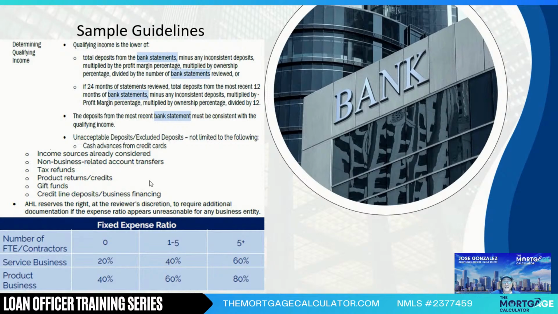Non-business related account transfers, like between accounts just to transfer money. Tax refunds, any product returns or credits, gift funds, or any credit line deposits or business financing. In other words, any borrowed money does not count as business deposits. And this is just one of the sample guidelines. They're all different. I bring that up to you all.